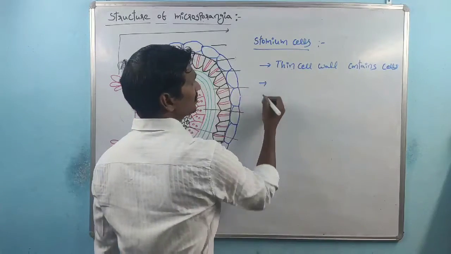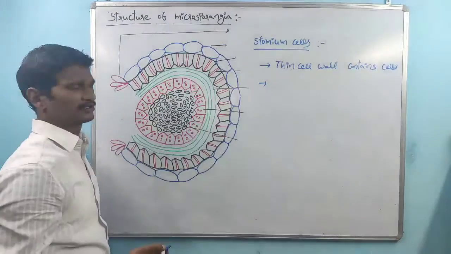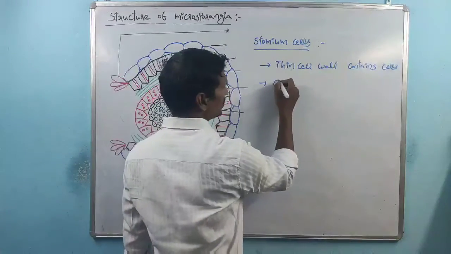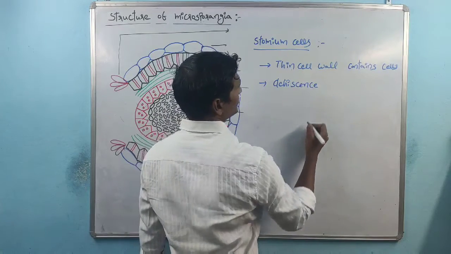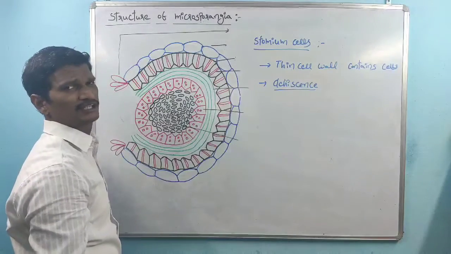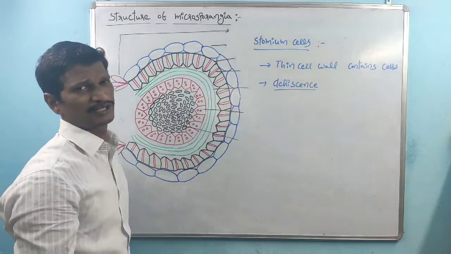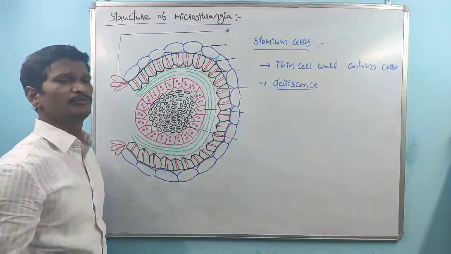Once these cells lose the water, they are involved in the dehiscence process. Dehiscence is nothing but the breakdown of anther walls to release the pollen grains. That is about the stomium cells.